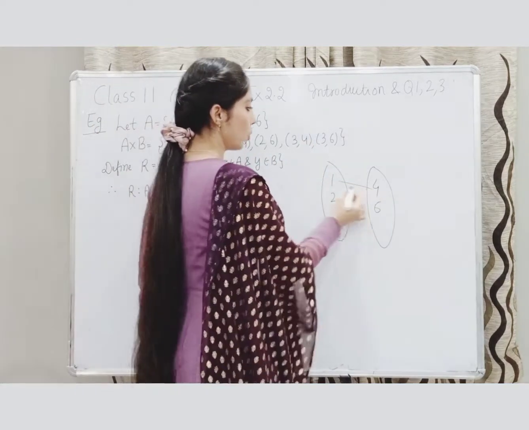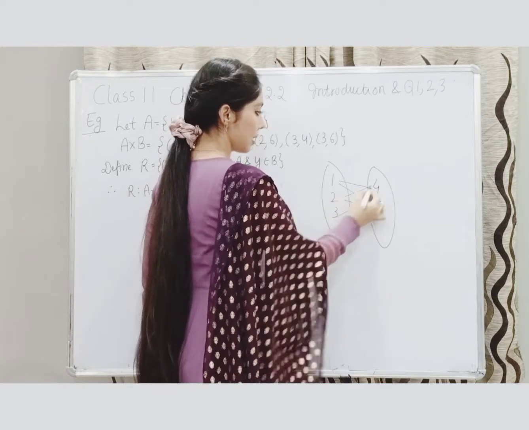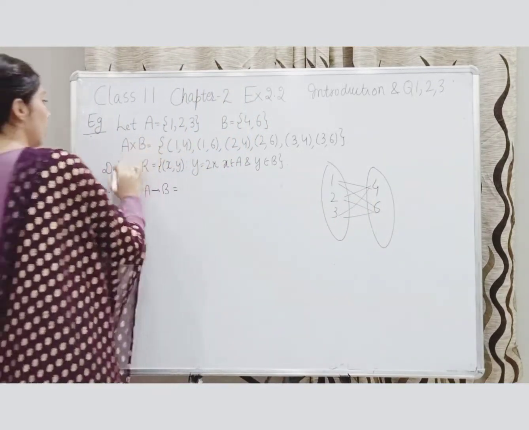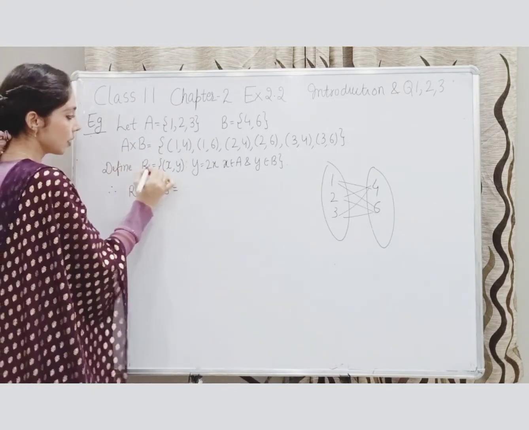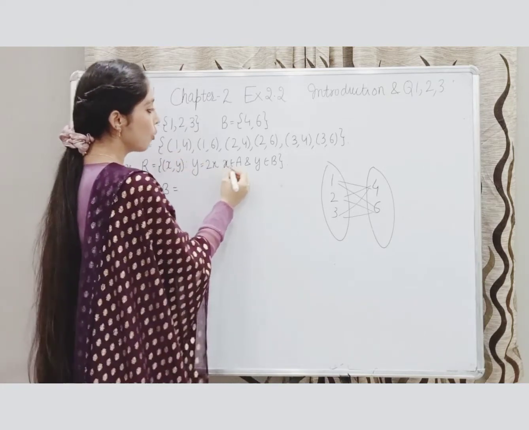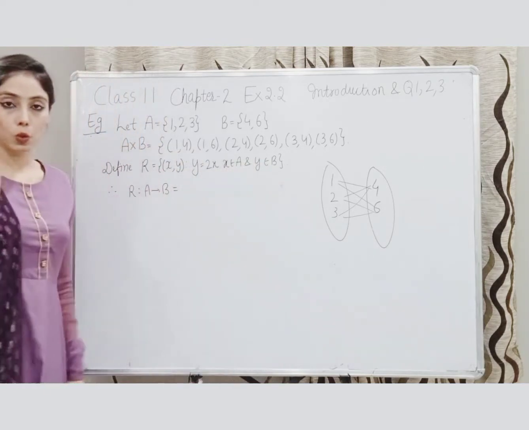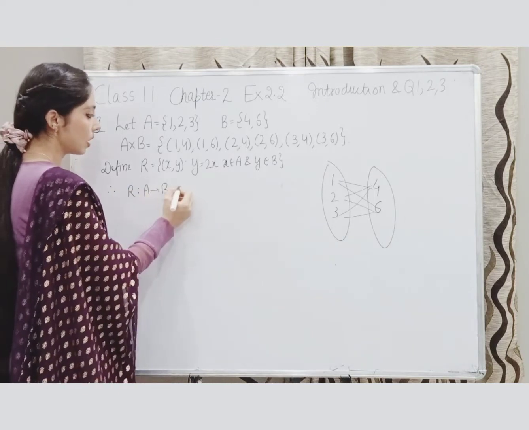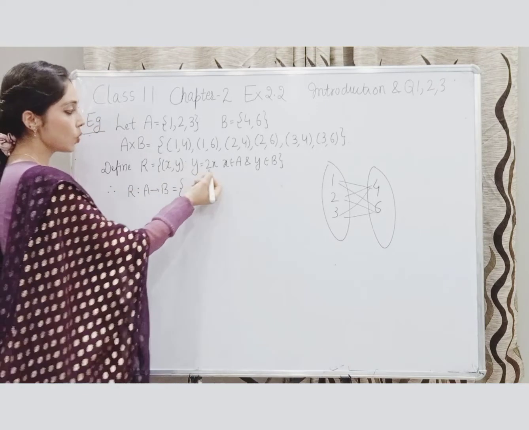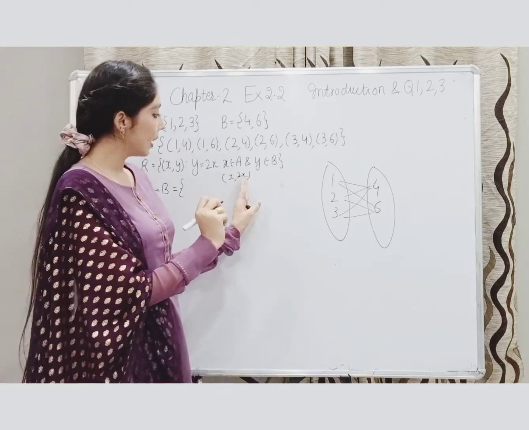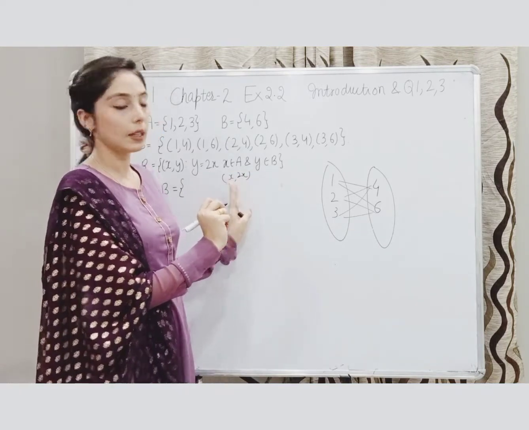So this will be (1,4), (1,6), (2,4), (2,6) and (3,4), (3,6). Now define R as those (x, y) such that y equals 2x, for x belongs to A and y belongs to B. So R is a relation from A to B. In the relation, we have those elements whose second element is double the first element.